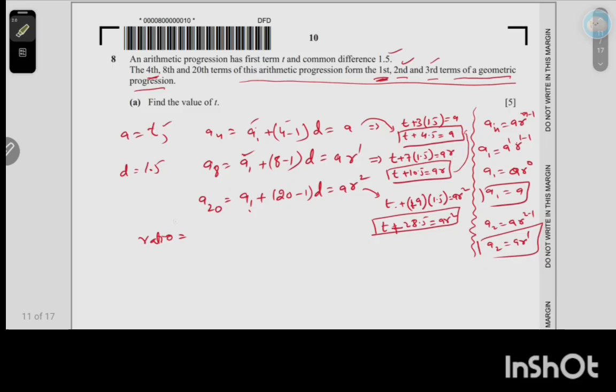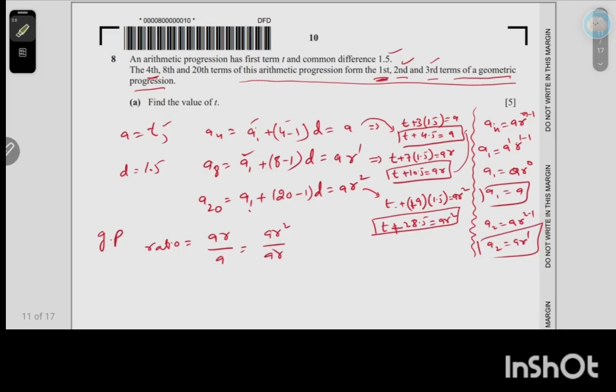In geometric progression, the ratio is the next term divided by the previous term. So the next term is ar divided by the previous term a. Similarly, the next term is ar square divided by the previous term ar.